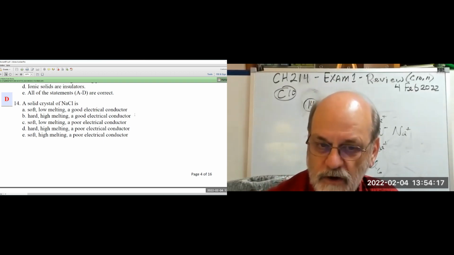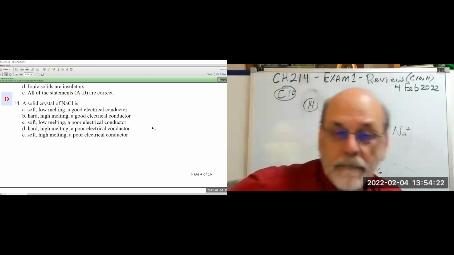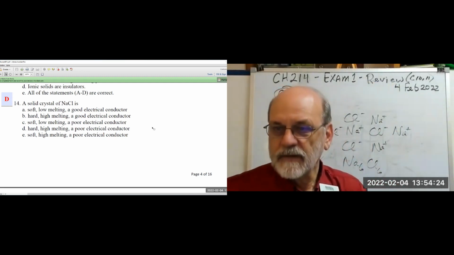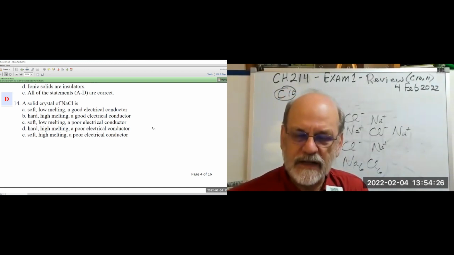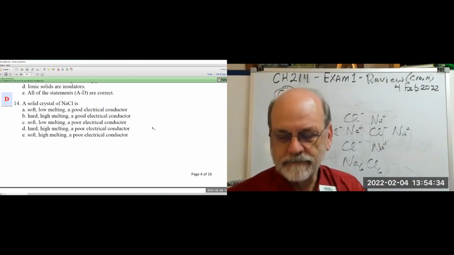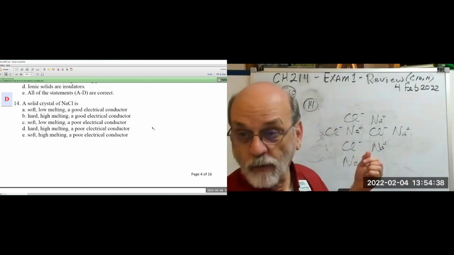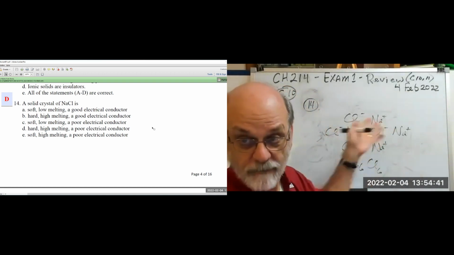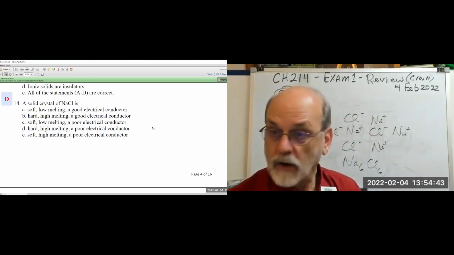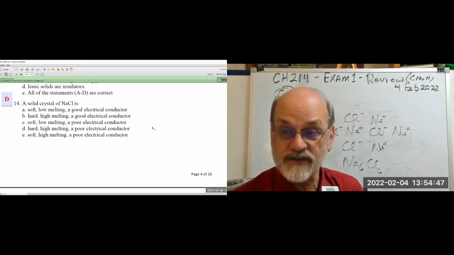Is it a good electrical conductor or a poor electrical conductor? Well, what does that mean? Something that conducts electricity is able to transmit charge, a current, from one side to the other. So, do we have any mobile ions here that can do that job for us? No. They're locked in place. They're in that crystal structure to stay.